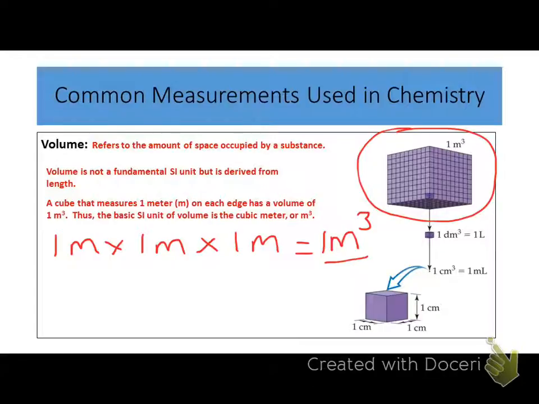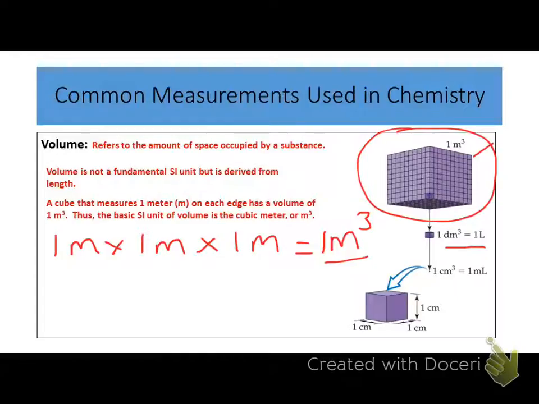Now the cubic meter is really big. That's a big volume. And again, in chemistry, we want to think small. So we don't really use the cubic meter much in chemistry. Instead, the biggest unit that we normally deal with is the cubic decimeter or the liter. So how do we get a cubic decimeter or a liter? Well, you can think of it as taking that cubic meter that we have and dividing it into 1,000 cubes.